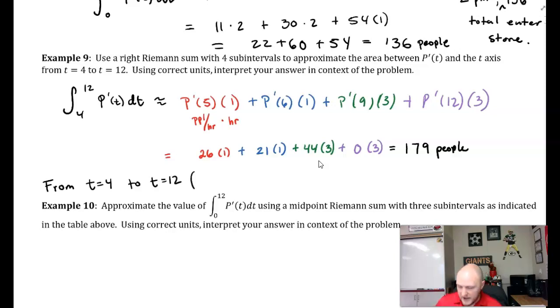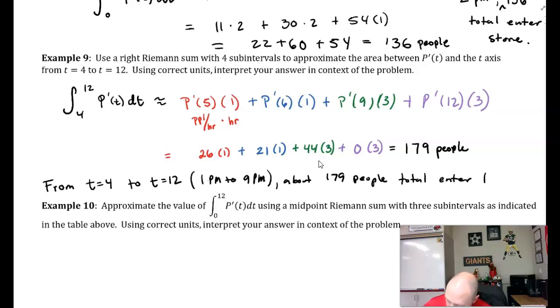Another way of saying this would be from 1 p.m. to t equals 12, which would be 9 p.m., about 179 people total enter the department store. Okay? And that's what it means in context.